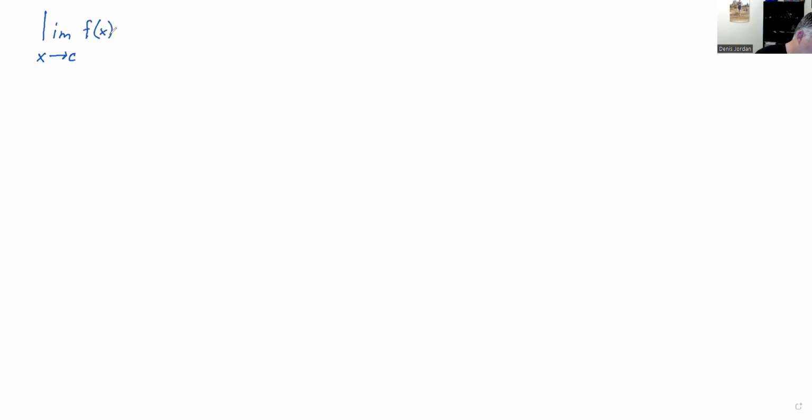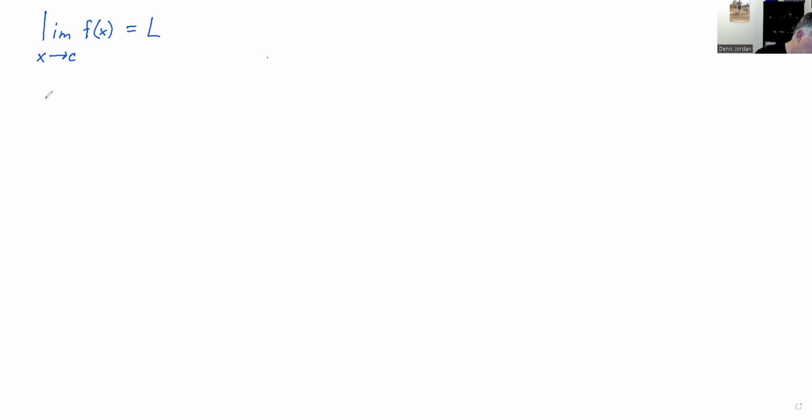It'll either have function notation, or it could have a specific function like x plus 2, or 1 over x minus 1, or sine of x, something like that. And then it'll say equals some value, or it could say DNE, or maybe even infinity.